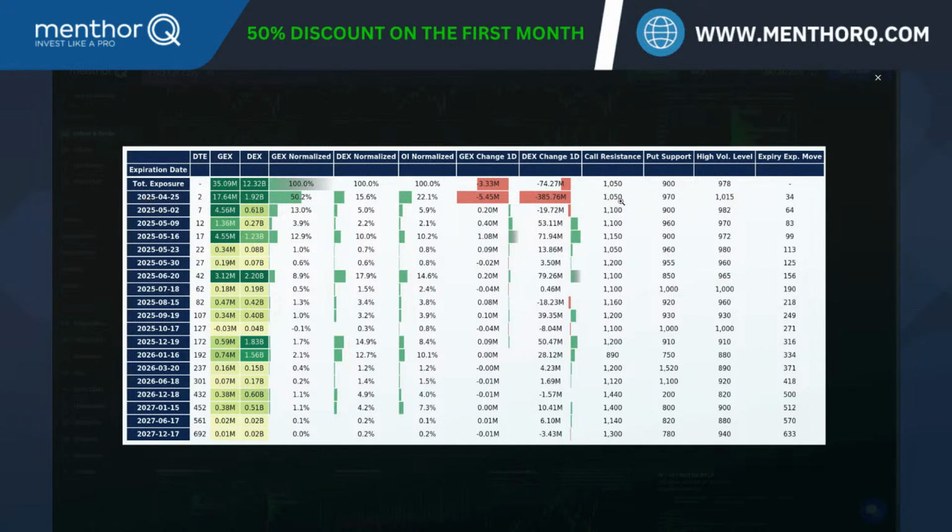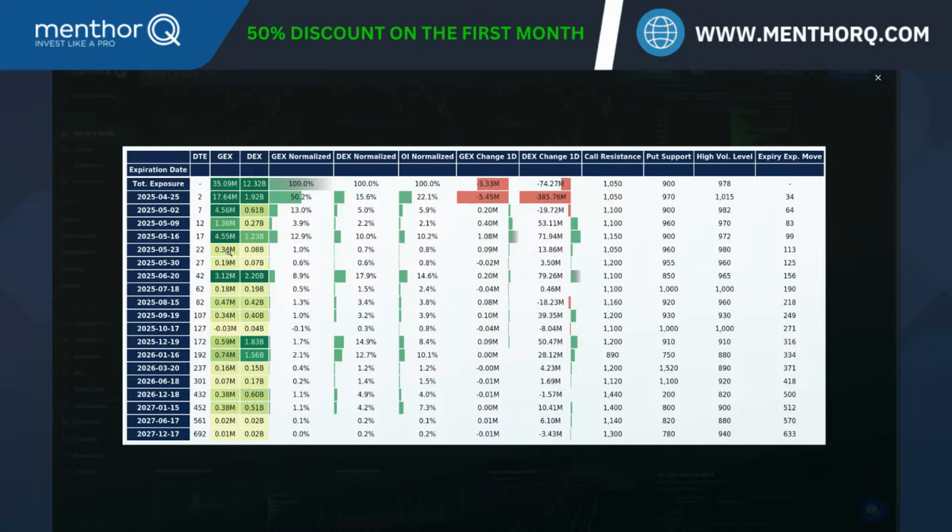For example, we can see the call resistance here for this week is 1050, and next week it goes up to 1100. So people are generally very bullish on Netflix, and then it simply pauses for a couple of weeks. Potentially, people see it go 1150, 1200, etc. It just continues over the next few weeks.